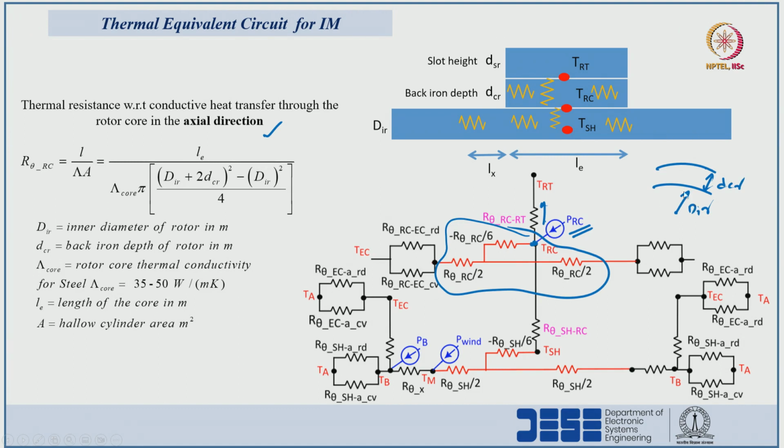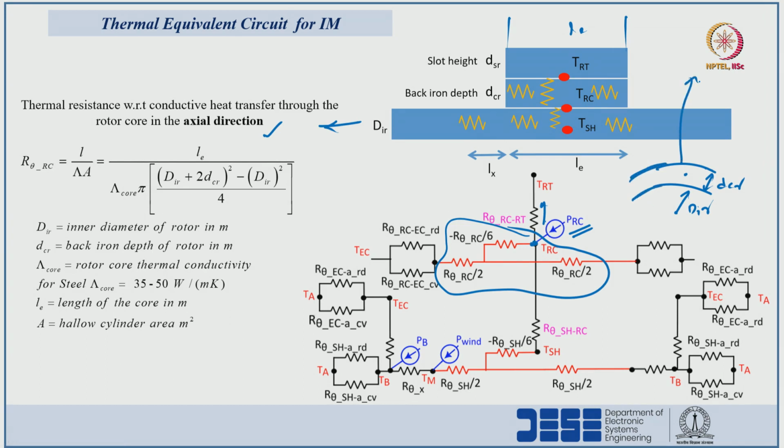Then how to calculate the area with respect to the axial heat transfer, the axial direction of heat transfer is nothing but L by lambda A. Here L is the thickness, that thickness will be in this direction, heat is transferring through the rotor core. So, here thickness will be Le divided by the hollow cylinder area. So, this is the outer diameter, this is the inner diameter with respect to the rotor core.